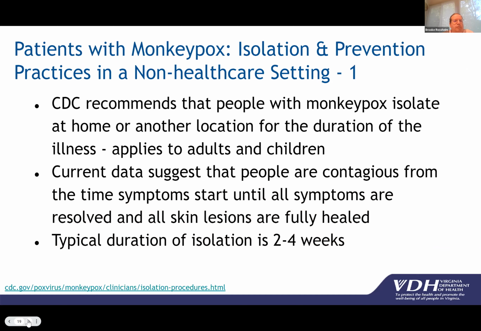As we talked about before, current data suggests that people are contagious from the time symptoms begin until all the lesions are fully resolved and all symptoms are resolved. Now, this can take a while. So this could be an isolation duration of 2 to 4 weeks, and sometimes it could actually be even more than 4 weeks. Next slide.